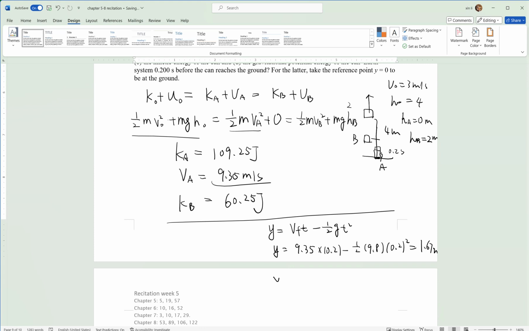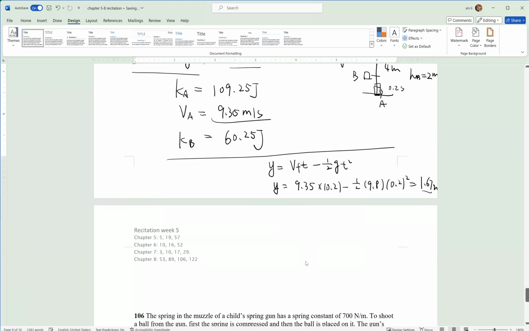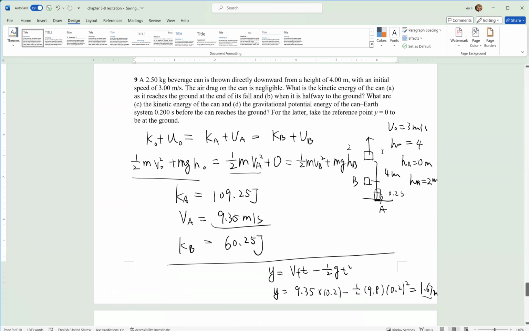So the velocity at this point, you can use conservation of energy. Actually, okay.